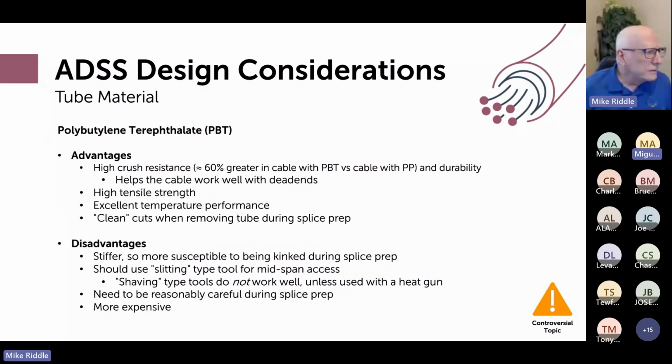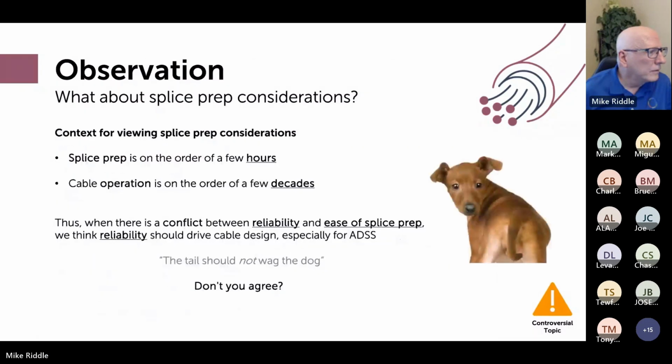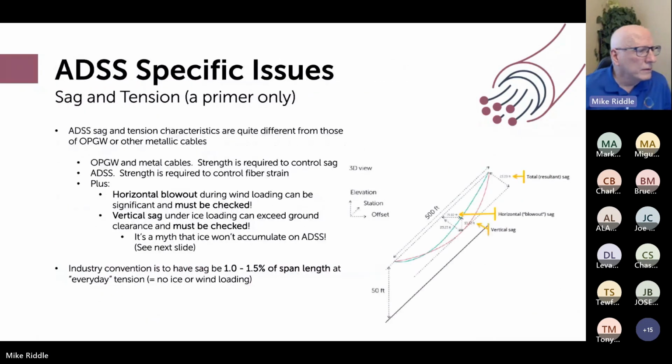To give context on that, this slide: what we're saying is that 600 feet comes from looking at a cable that's really at the 1.5% of span length amount of sag. And you're correct, if you allowed more sag, if you allowed 2%, well, yeah, the cable strength can go down, and you could increase the span length if you change nothing else.